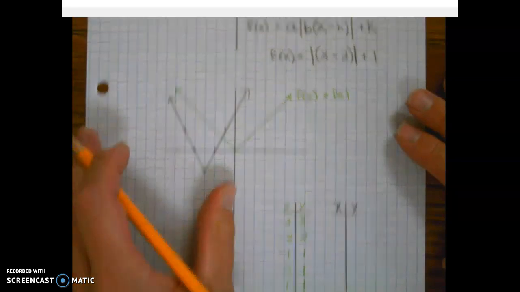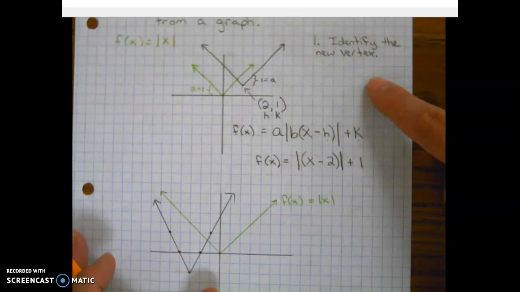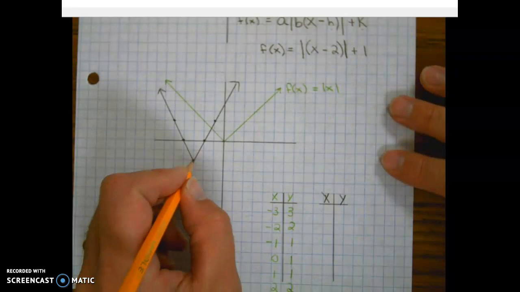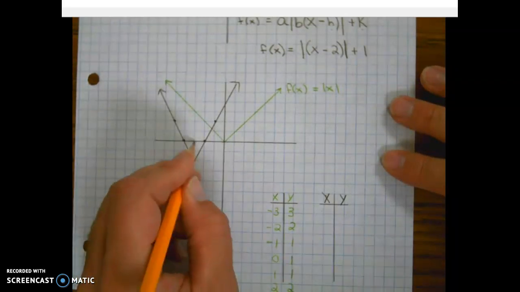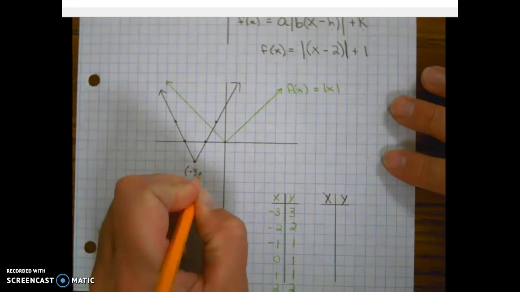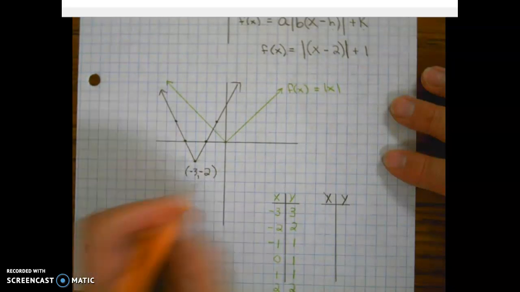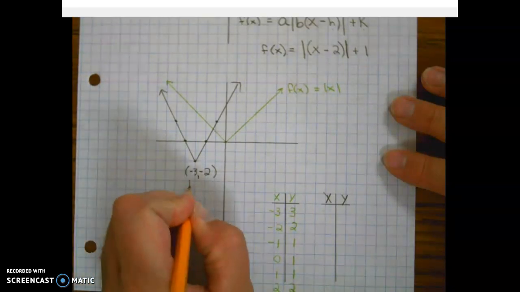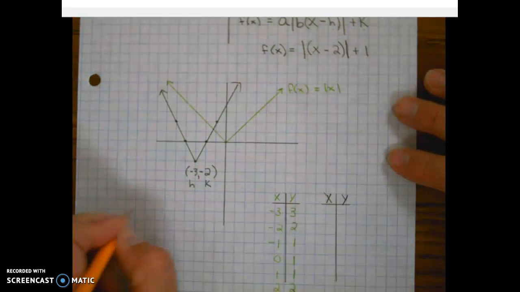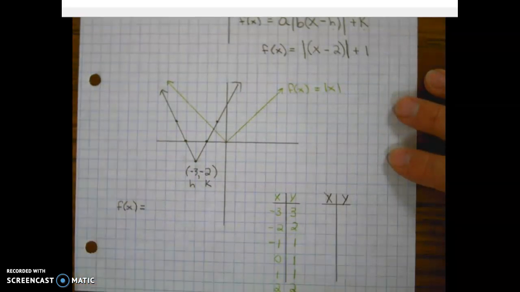But the first thing we're going to do here for our success criteria is identify the new vertex. That's always the first thing you want to find. So our new vertex is going to be at -3, -2. You should identify that. Go ahead and label those coordinates as h and k. And then we're going to go ahead and plug them into our function as we build this equation.